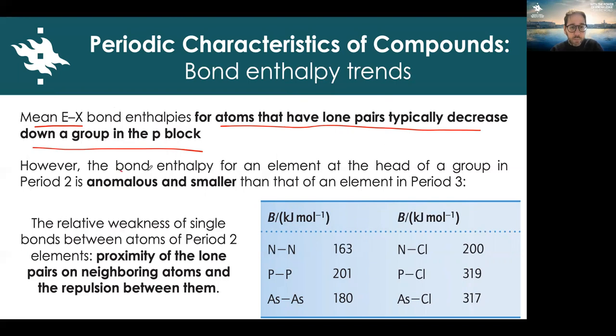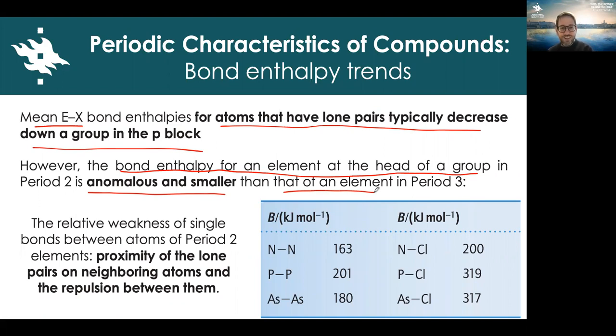However, the bond enthalpy for the element at the head of the group, or the first element of the group, is anomalous and smaller than that of period 3. So this is why it increases from period 2 to period 3, and then after period 3, it decreases.